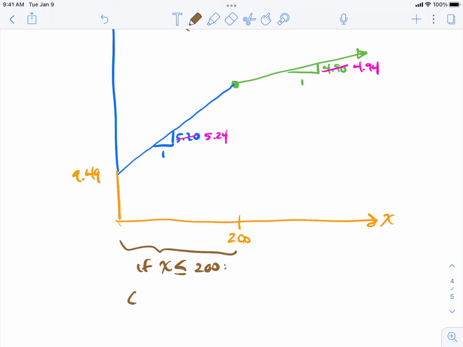Your cost is mx plus b, right? And we know what the m is. It's right there, the 5.24. So 5.24x. And we even know what the b is. When x is 0, that's where we cross the axis. So 9.49. Cool. Well, that wasn't so bad.